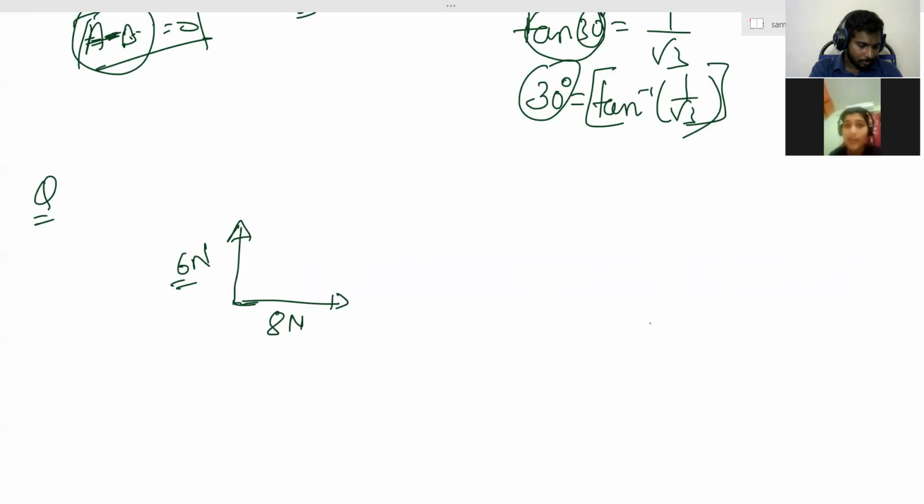So this is also perpendicular, sir. Yes, both are perpendicular.